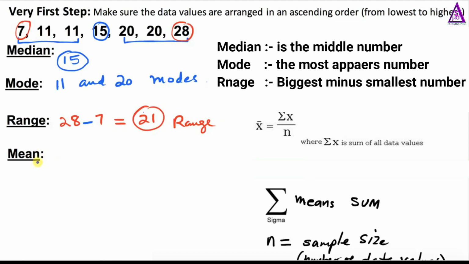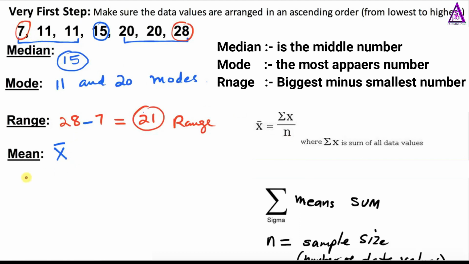Now the mean. We represent the mean here as x bar, and x bar is equal to the summation of x, which is each of these values, divided by n, where n is the total number in that data.